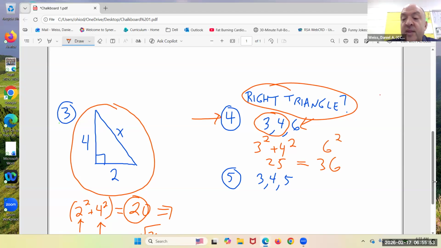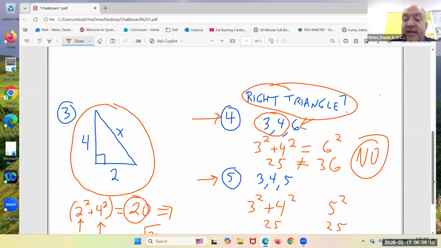So does 25 equal 36? No. So the answer is just no. Okay. So here, in this one, 3 squared plus 4 squared, what do you get? You get 25. What's 5 squared? 25. Is that equal? Yes. There you go.